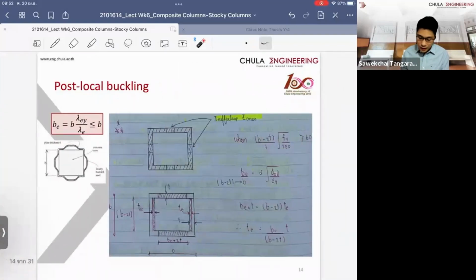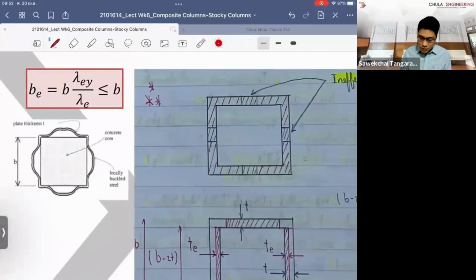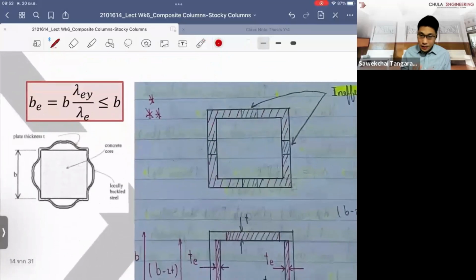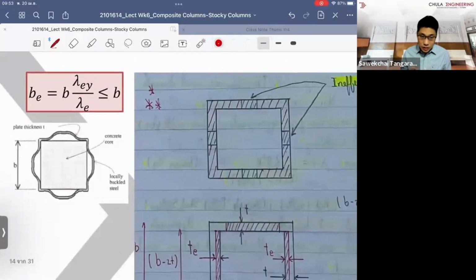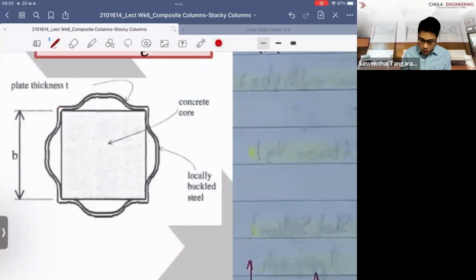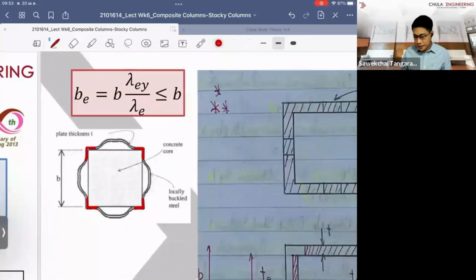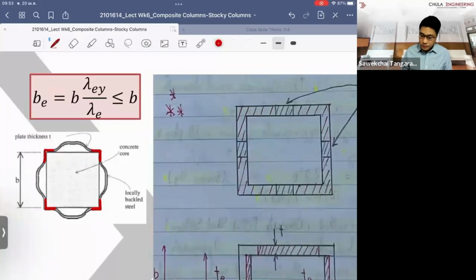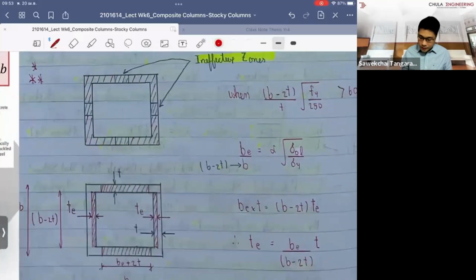How we adjust the effective width, as mentioned before, is that we take just a linear proportion to calculate the effective width. The width that we're looking at is the area that has still been undeformed. And how do we find this? This is my handwriting.